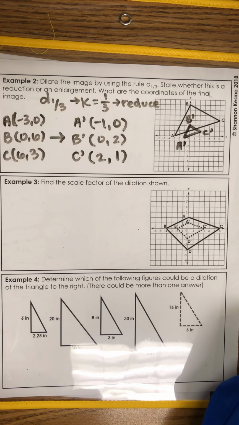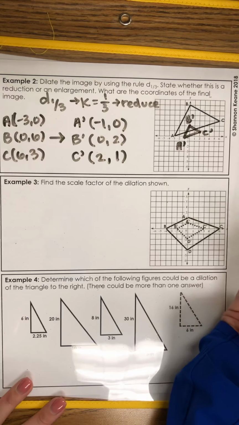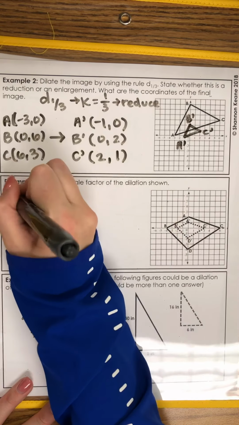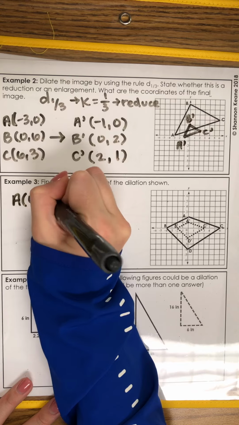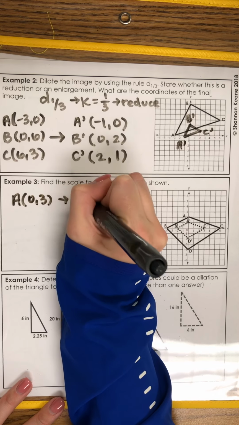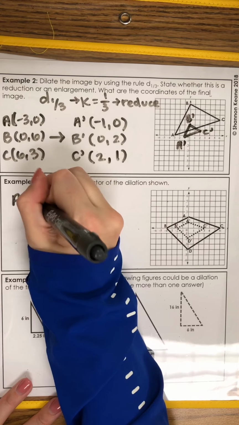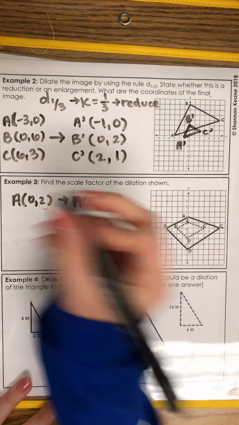In example 3, we are looking to see what the dilation is, or the scale factor for the dilation. So we can look from A to A prime. A starts at 0, 3, and A prime goes to 0, 2, my bad, y'all, A starts at 0, 2, and A prime goes to 0, 1.